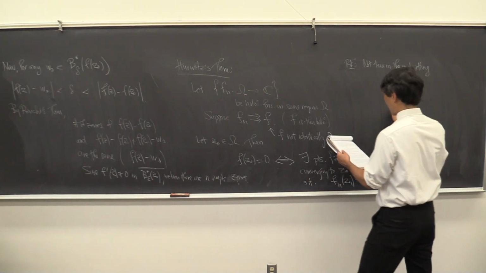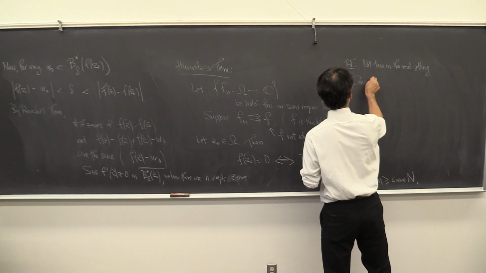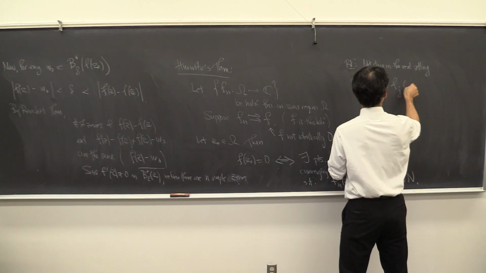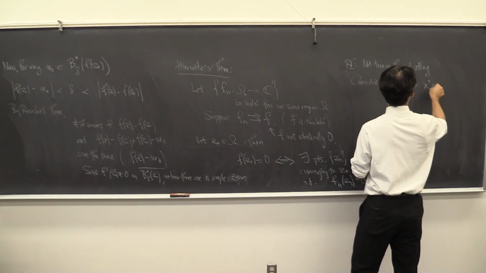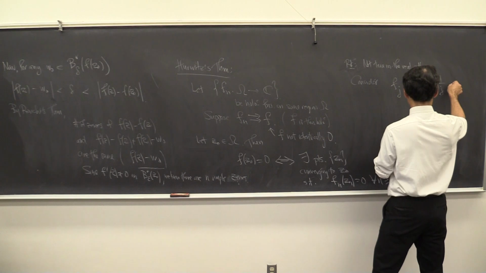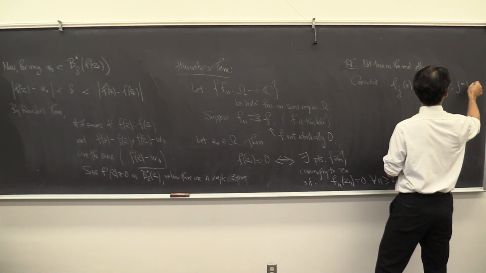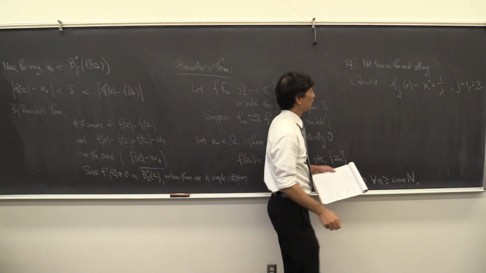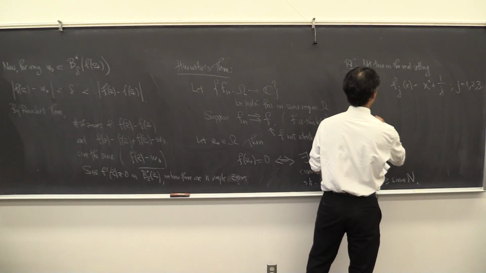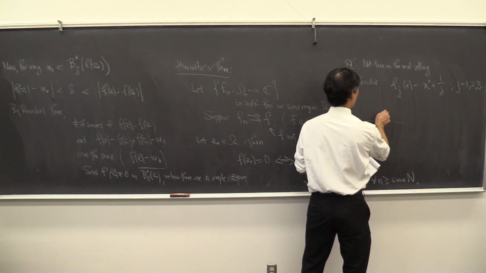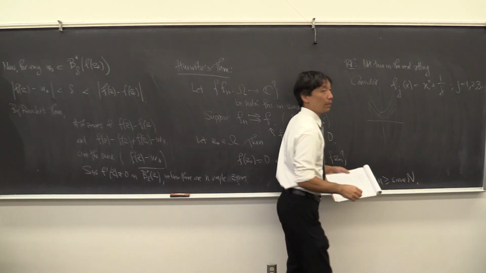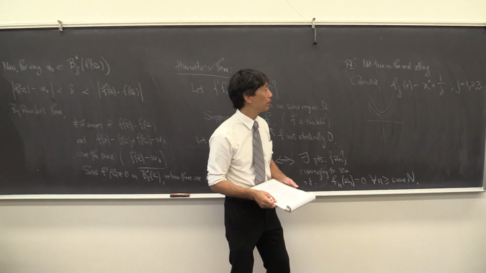If you consider the functions f sub j of x being x squared plus 1 over j, as j ranges from 1 to infinity, these are just shifted parabolae, right?